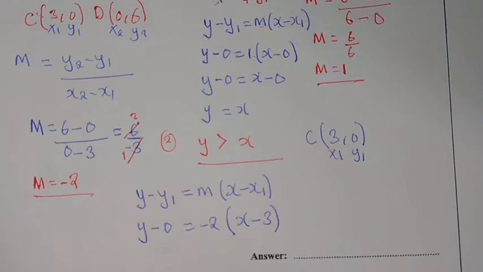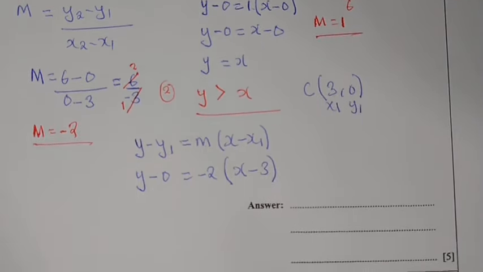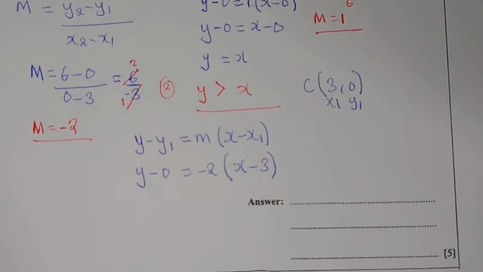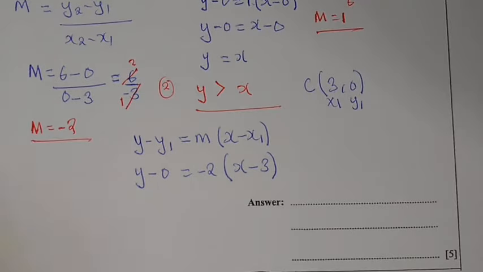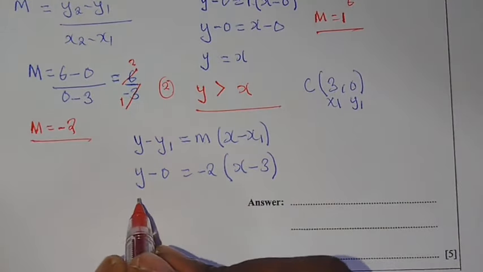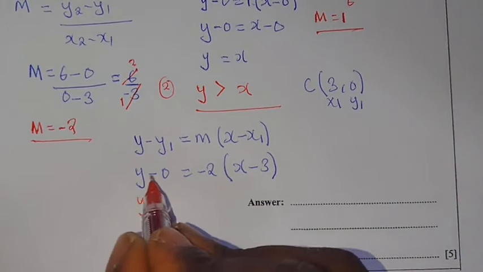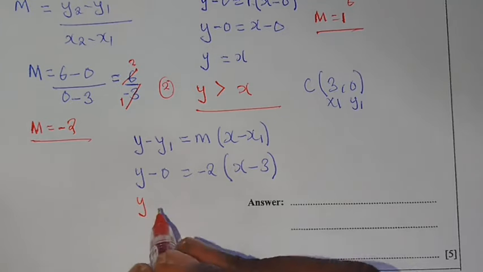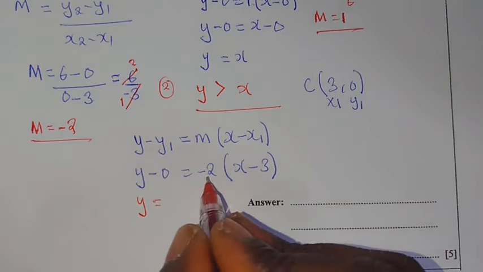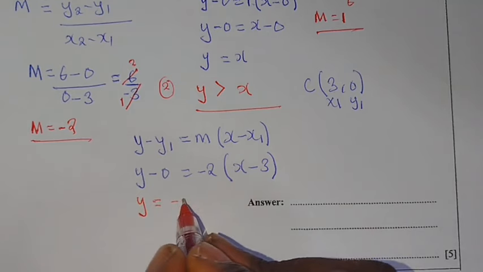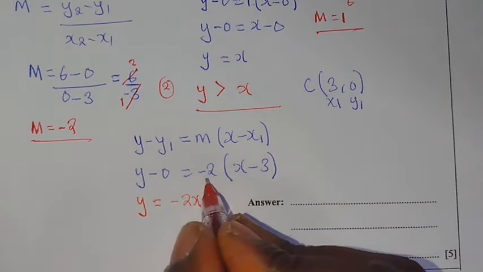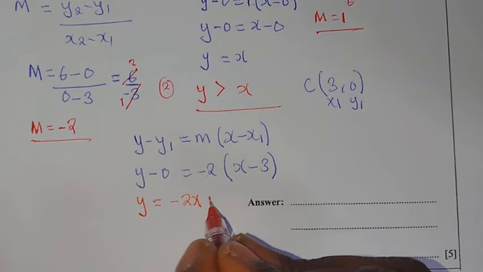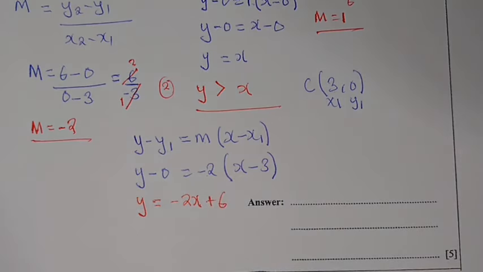So from here, you just need now to multiply. So to multiply, we are going to say y minus 0. I know this 0 won't go anywhere. So I will just write y equal to -2 times x. This will be -2x. -2 times -3 will be a positive 6.